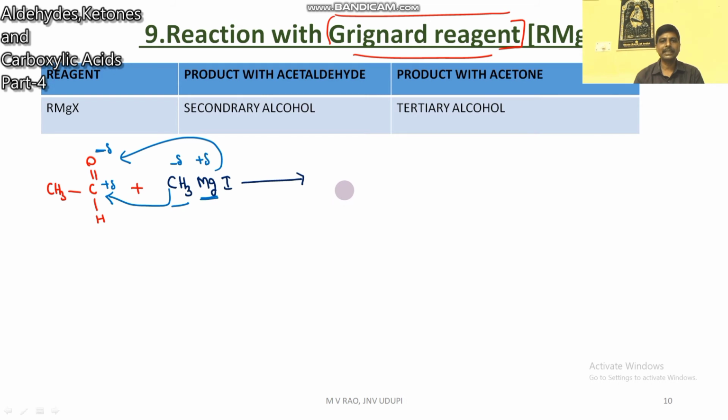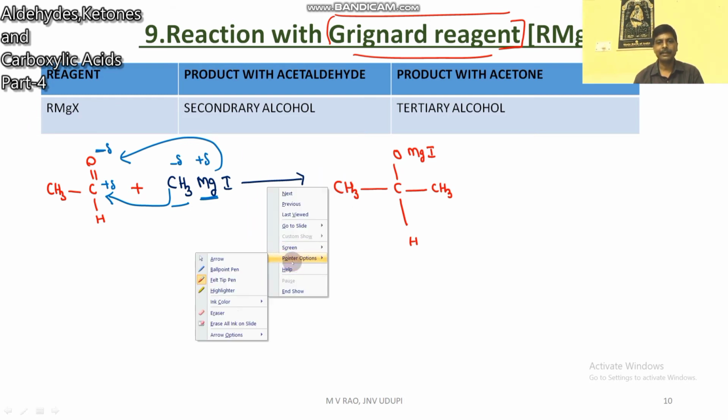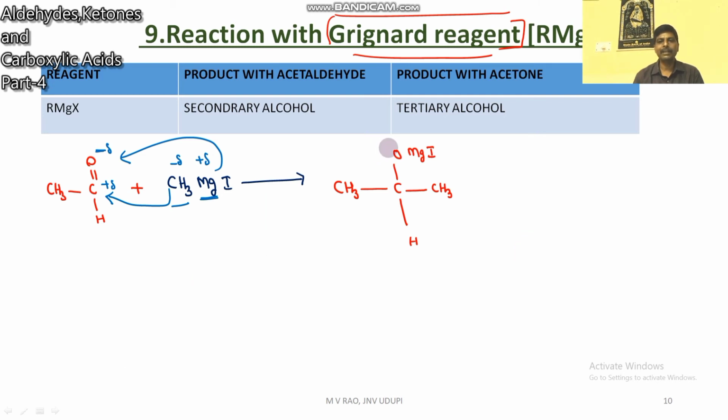Now what is the intermediate addition product or adduct? Adduct structure is CH3, CH, OMgI. What is this remaining? CH3. This is one addition product, the intermediate. Now this product on hydrolysis, H will add here, OH will add here.